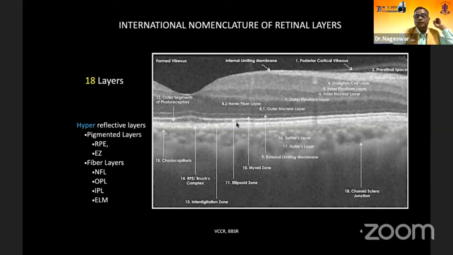The outer one is called the interdigitation zone, or the layer of Verhoeff, or the cone outer segment tips, and internal to that is the ISOS junction, as it is called. These are the four layers, which earlier we used to call three layers with the older OCT.